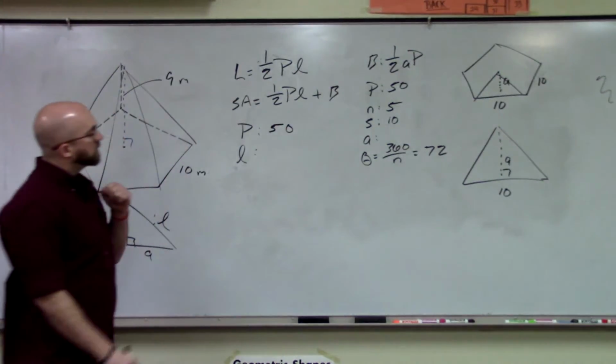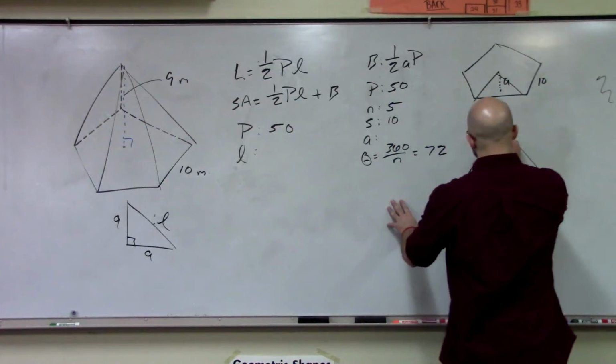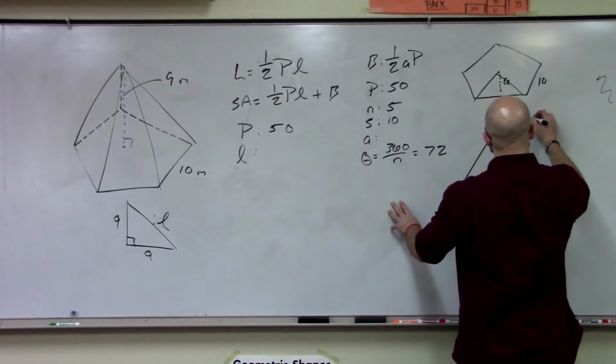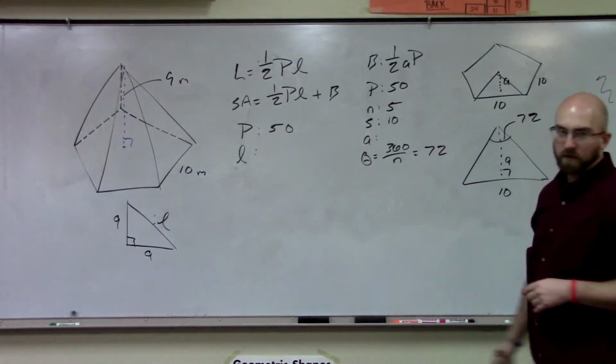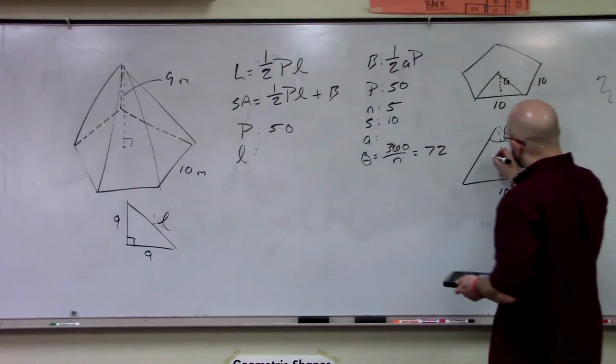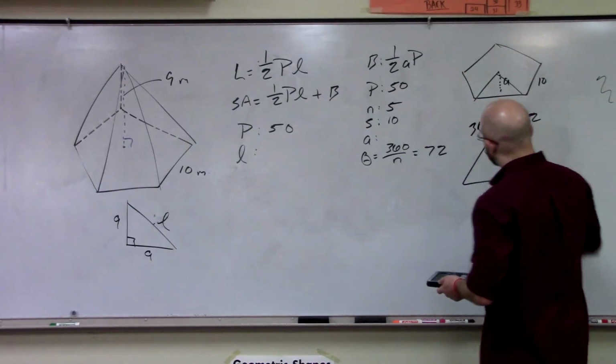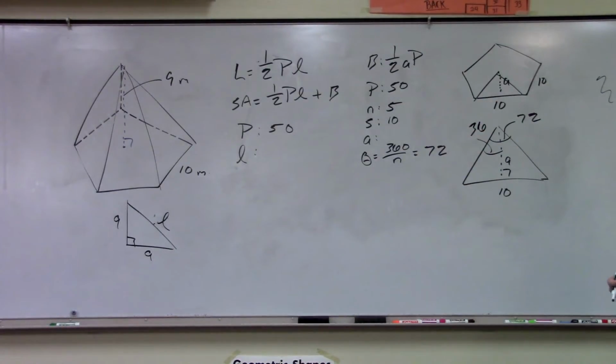All right, so let's find our A. Remember, this 72 is that whole angle right there. Cut it in half. That means this is 36.